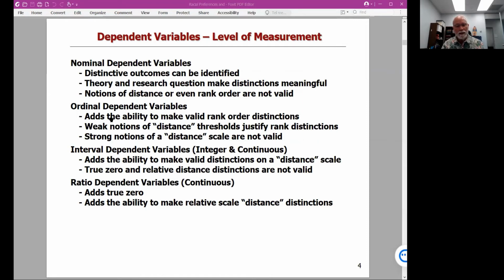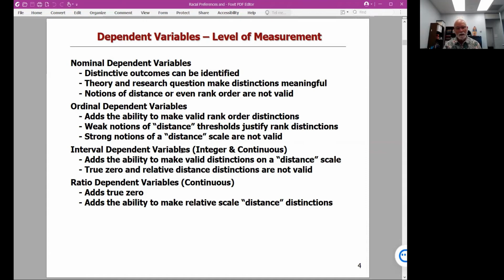If a dependent variable has ordinal qualities, then it's got categories that we can rank, but we're not willing to make distance assumptions about how far apart. There are some weak notions of distance implied because we are ranking them. So there must be some threshold that we're acknowledging that makes one category different enough from the other that we would not call them as having the same rank. But the distances are not presumed to be equal across ranks.